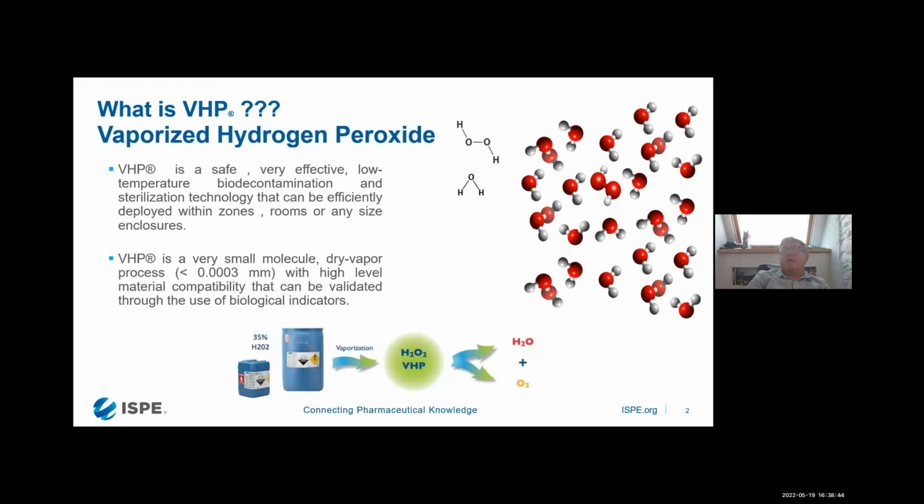This is the great thing about this technology, because at the end of the process, it will be only water vapor and oxygen. As shown on the slide, we start from a liquid solution that we are vaporizing, keeping the vapor dry, and at the end, it is just catalyzed or released to atmosphere to rapidly become just water vapor and oxygen.